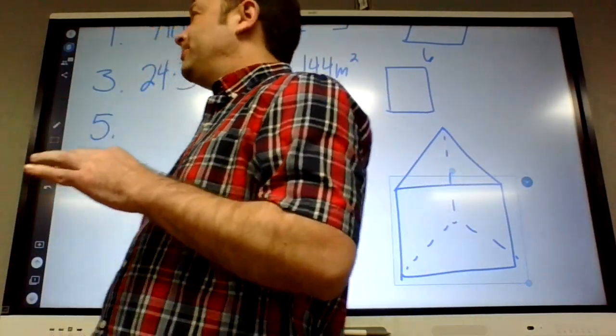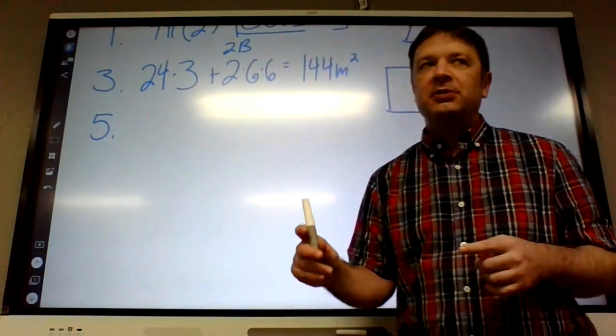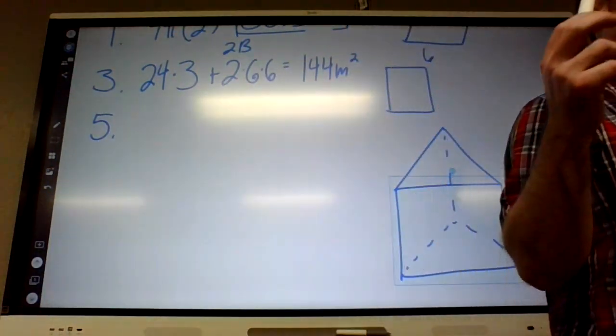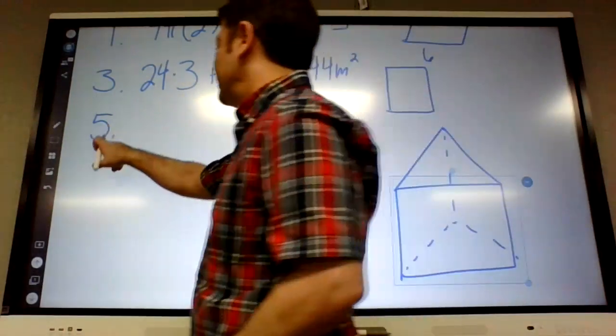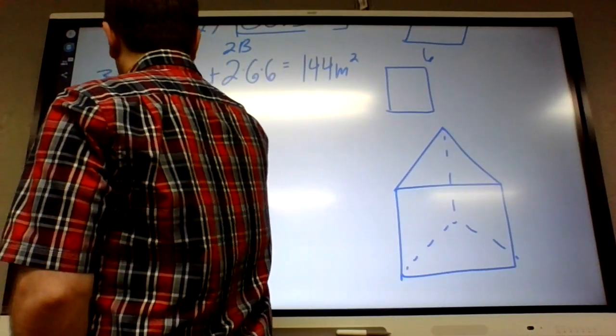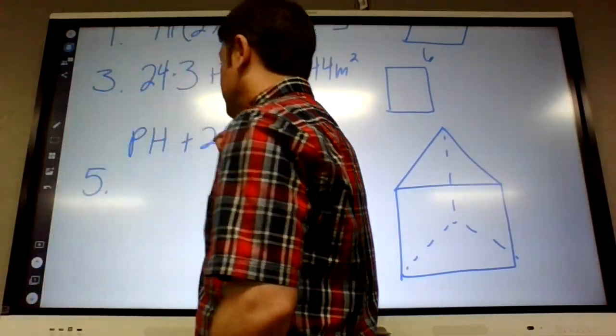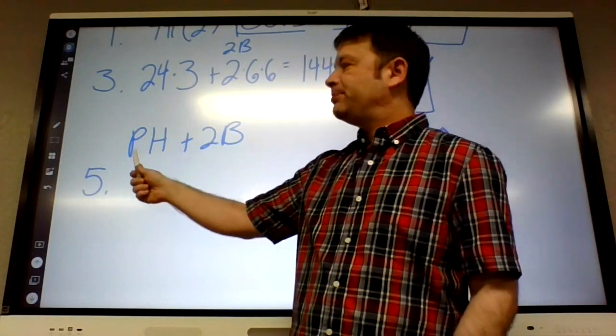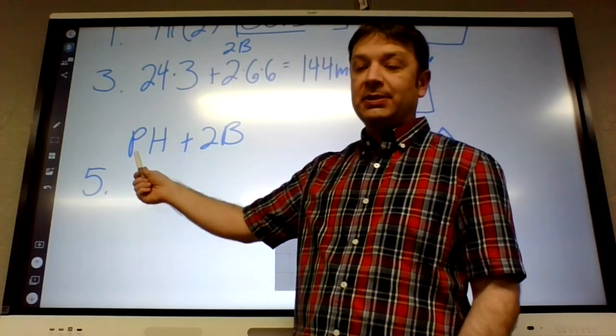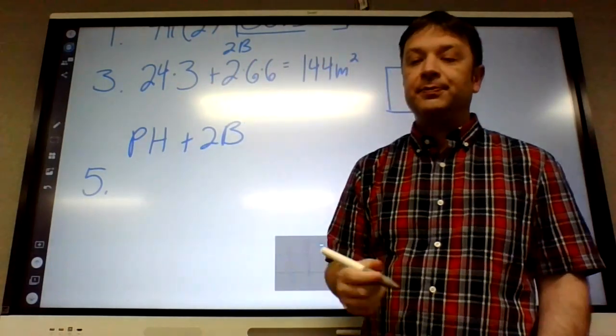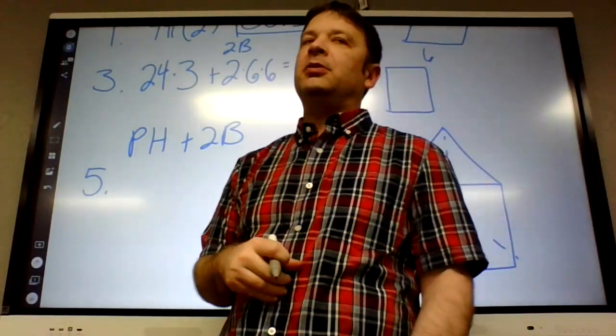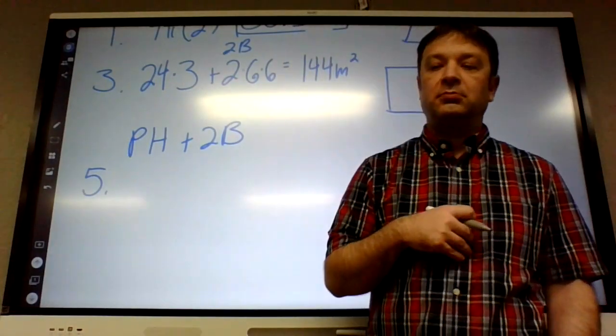So for a triangular prism, we're going to use the prism formula, which is perimeter times height plus 2 base areas. What is the perimeter of the base? What's the perimeter of that triangle?